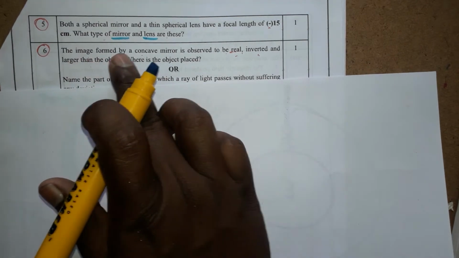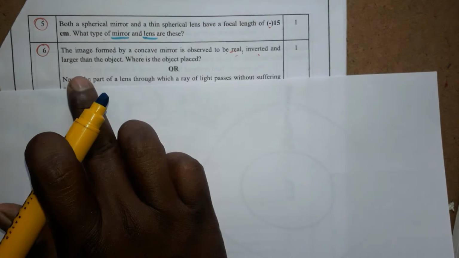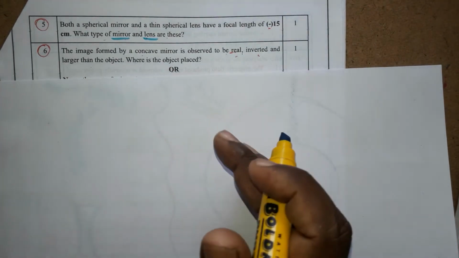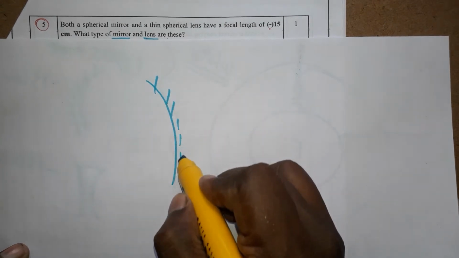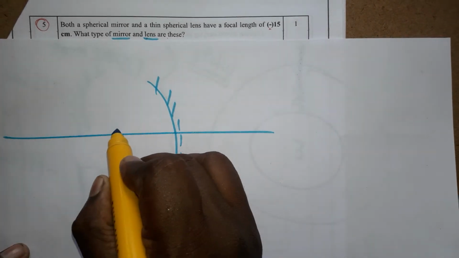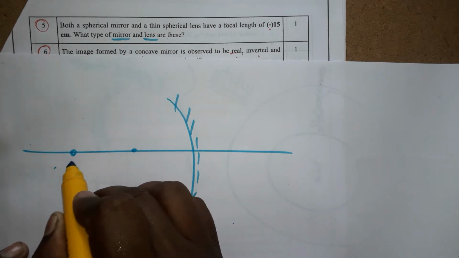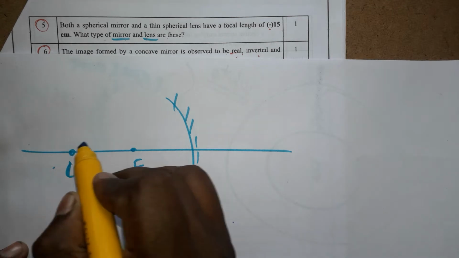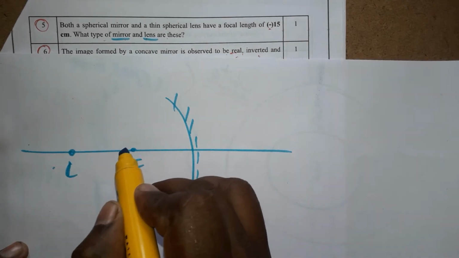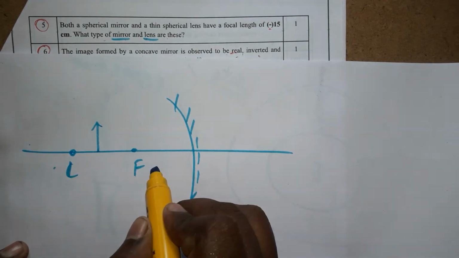Since the mirror is concave, a real image will be produced. The object is placed between C and F. The image will be magnified when the object is placed between F and C.